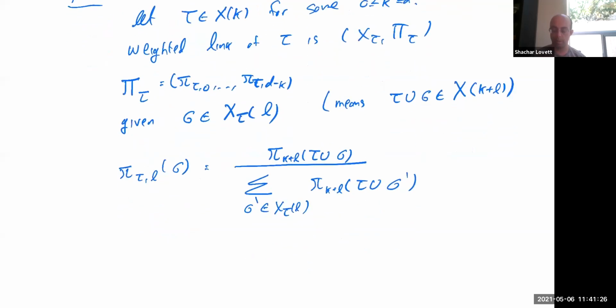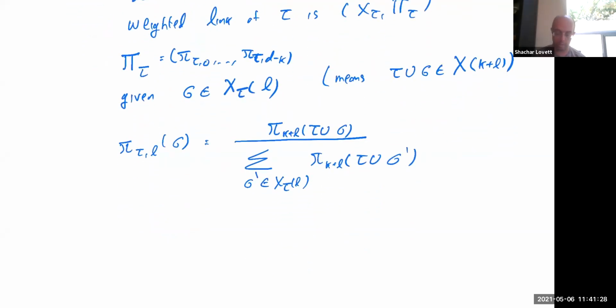Again, this might seem a handful. Intuitively, you sample just from pi_(k plus L), but you condition that whatever you get contains tau, right?